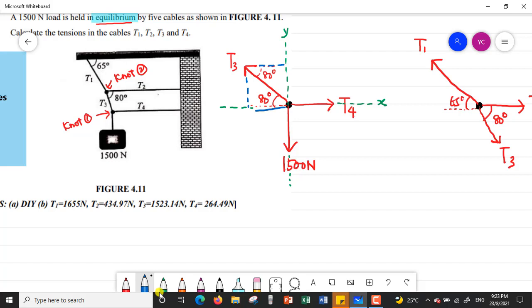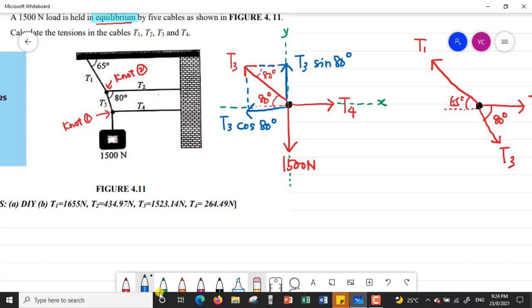I get component X as T3 cos 80, and then component Y as T3 sin 80.